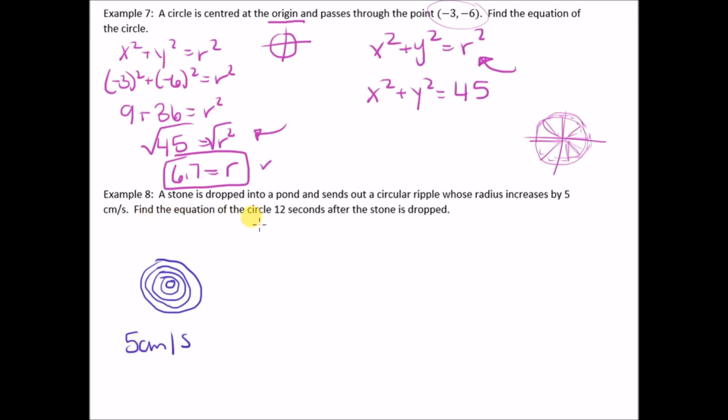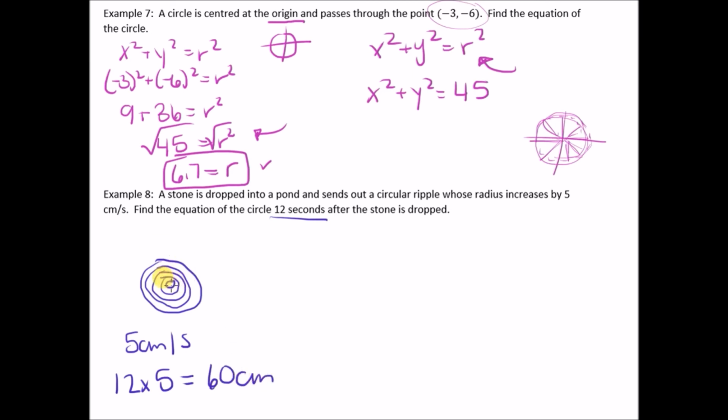Find the equation of the circle 12 seconds after the stone is dropped. So if we spent 12 seconds, that means that we would multiply 12 by 5 since the ripple is increasing by 5 centimeters per second. That gives us 60 centimeters.